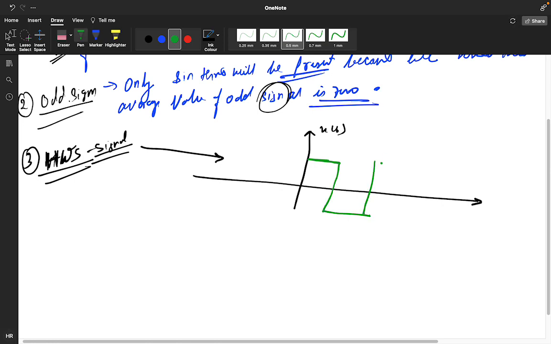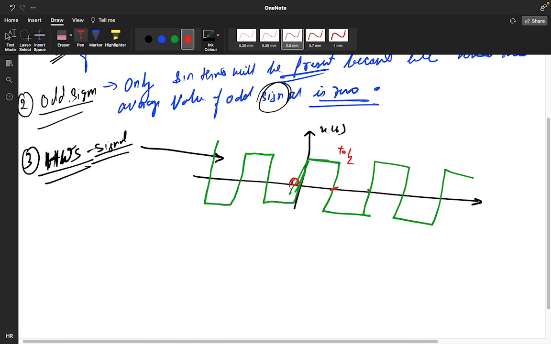So this is a kind of signal, and this particular part is like this. Okay, so see, this is 0, this is t naught by 2, this particular point, and this particular point is t naught.